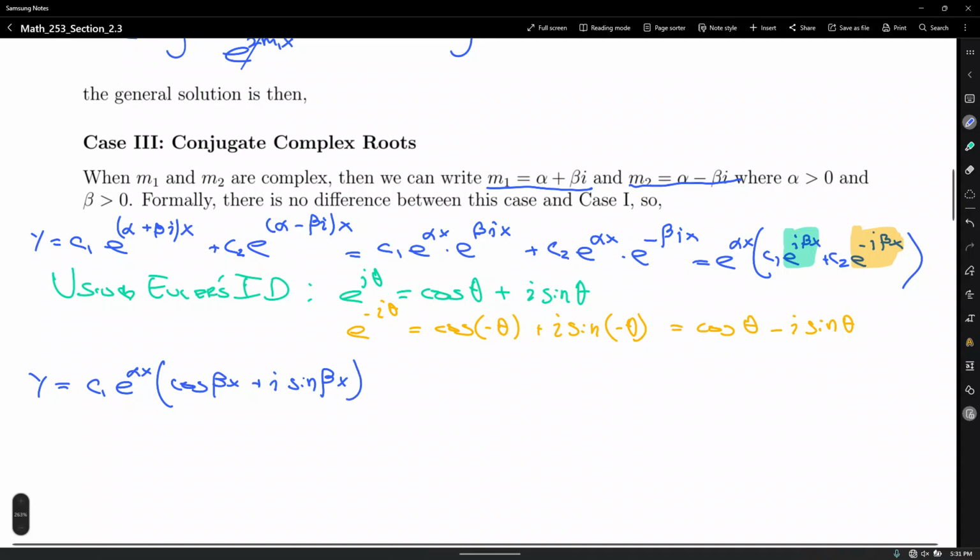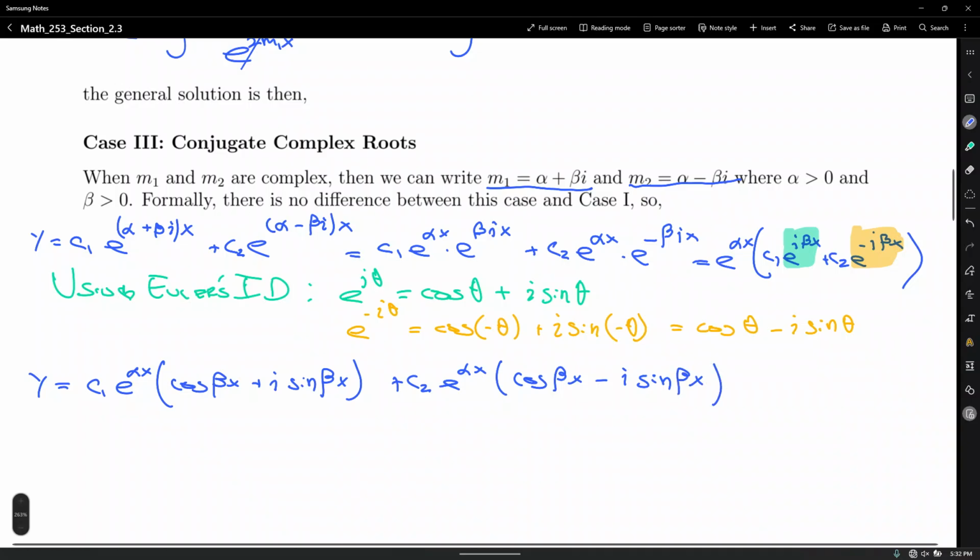That's using Euler's identity with the positive exponential, which becomes all positive arguments, plus C2 e to the alpha x times cosine beta x minus i sine beta x.